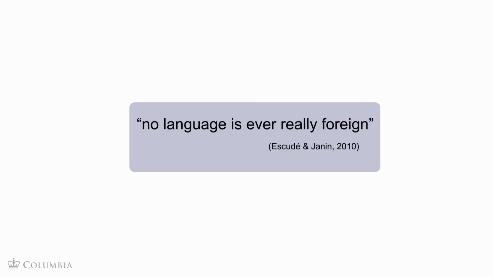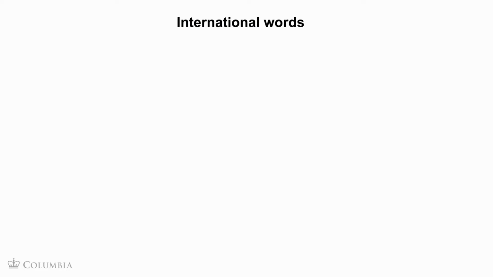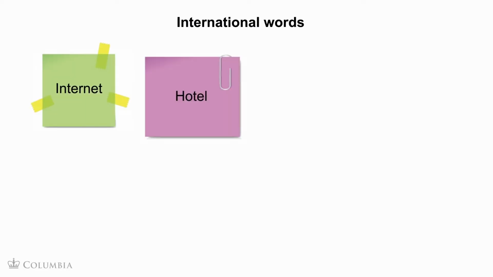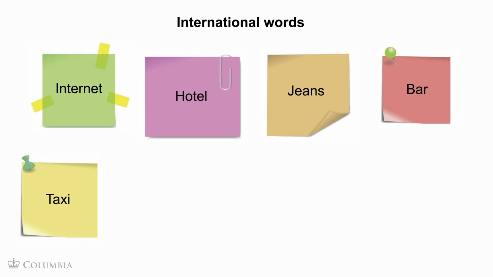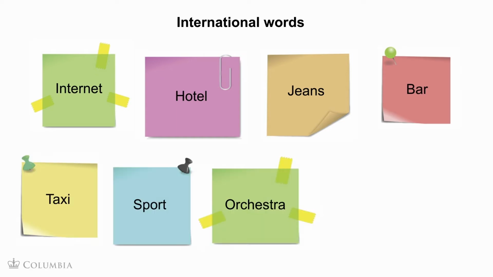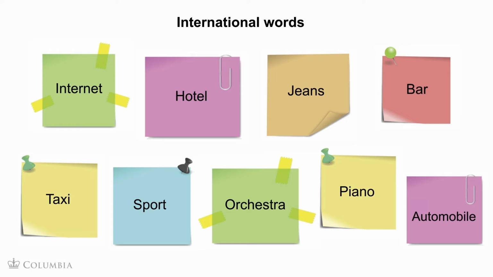Why? Because you may find transparent words across languages, as with international words like internet, hotel, jeans, bar, taxi, sport, orchestra, piano, automobile.